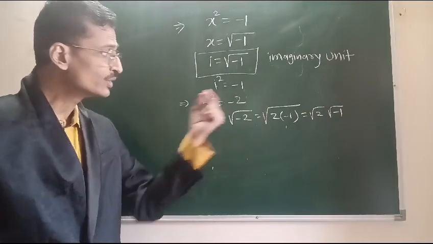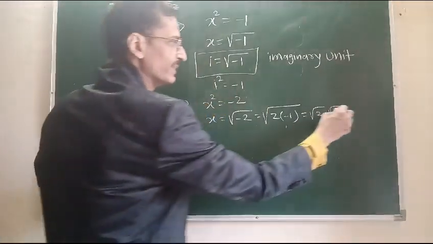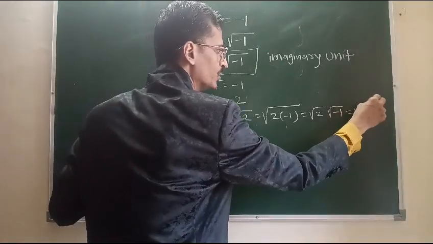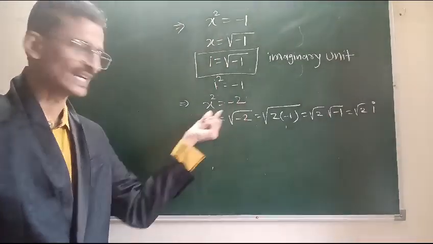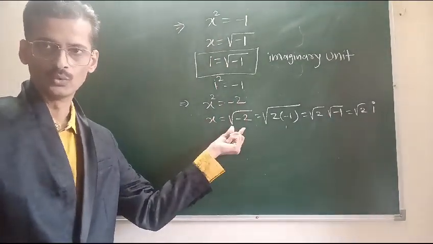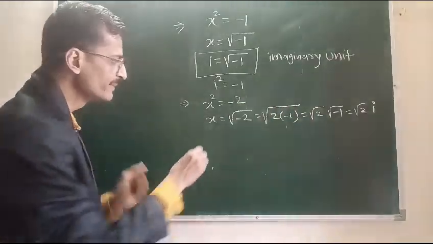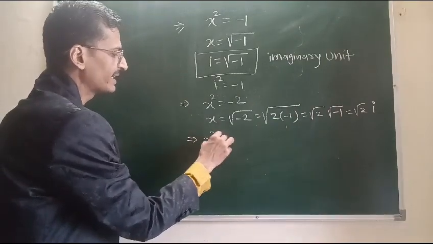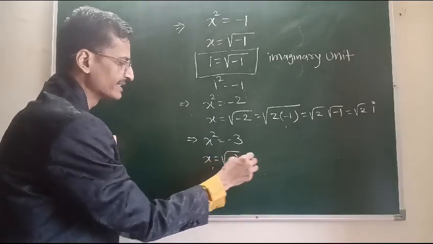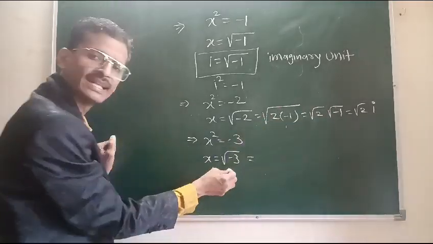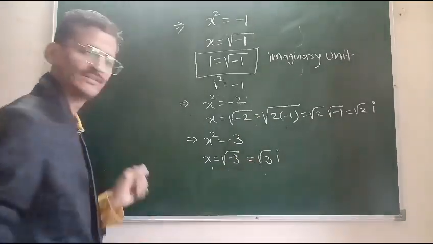So this root of minus 1, we know, is i. So we can write root 2 into i, with i outside the root. Similarly, if x square is minus 3, x is root of minus 3, and by the same method we can write root of minus 3 as root 3 into i.